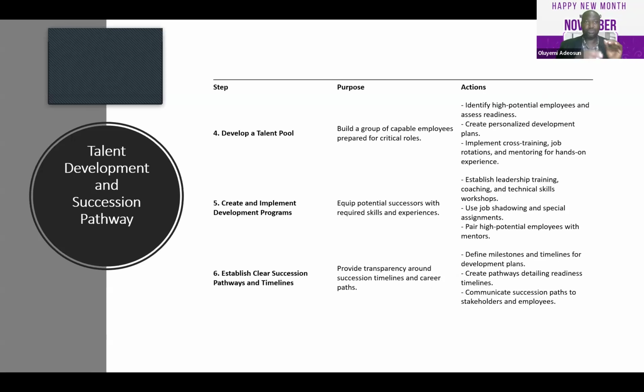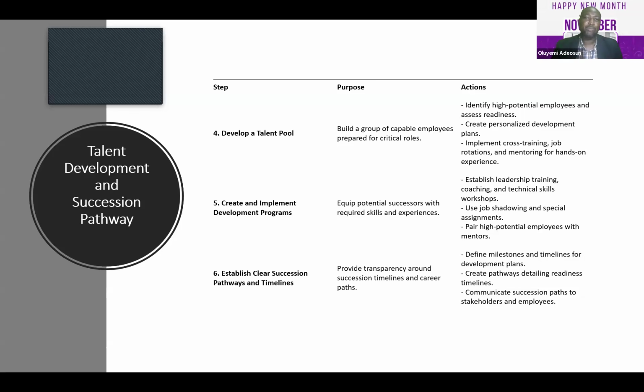So a talent pool is your population of high potential employees that you have identified through various sources. And then you want to be intentional in creating an individualized career path for them, in providing a development program for them, both collectively and individually.